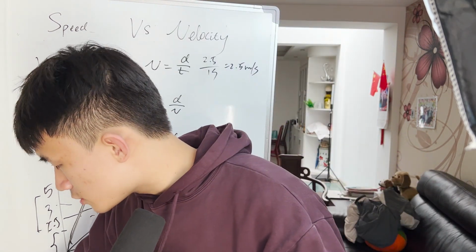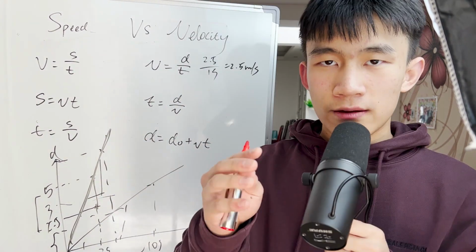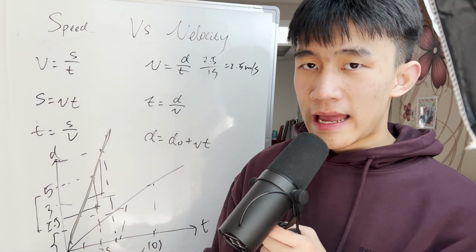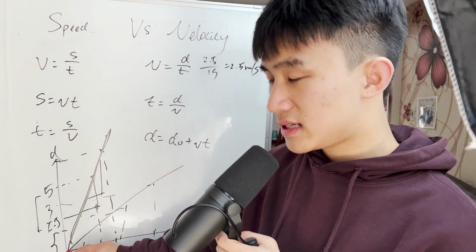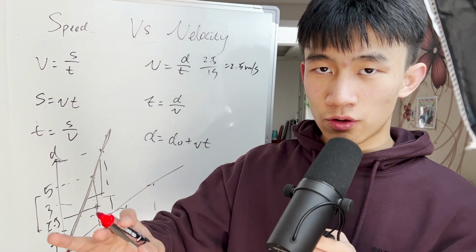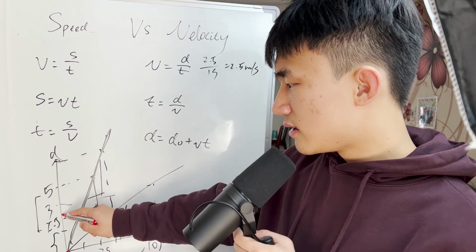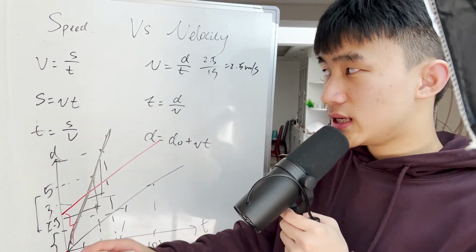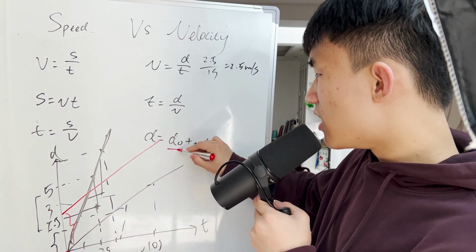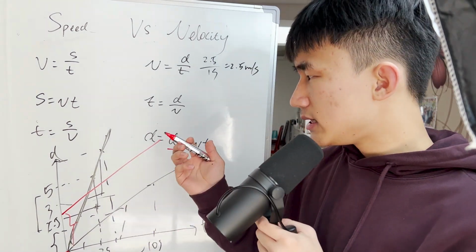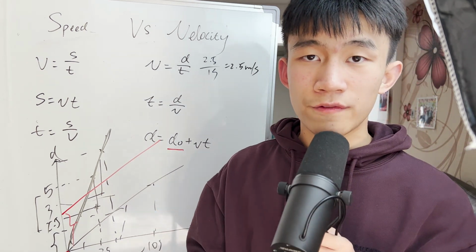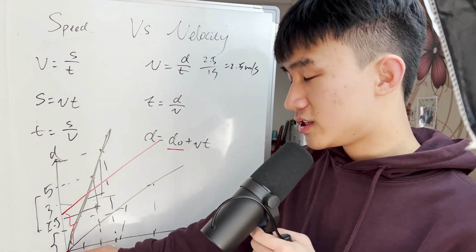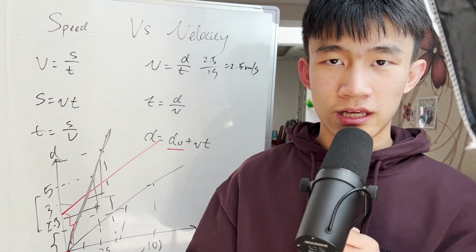And another interesting thing you will see is that for some objects, the displacement at t equals 0 is not equal to 0 meters. This means the graph will have a y-intercept, and that y-intercept is the d naught I've mentioned above. So d naught is the initial displacement of the object, which is the displacement of the object at time t equals 0.